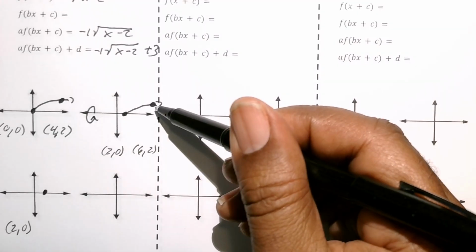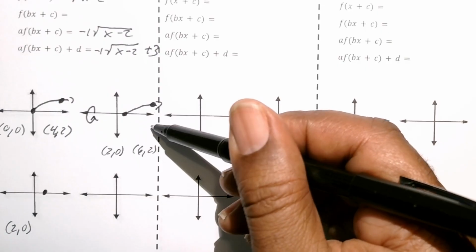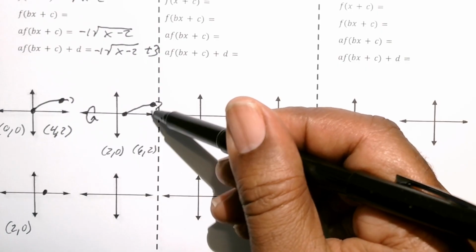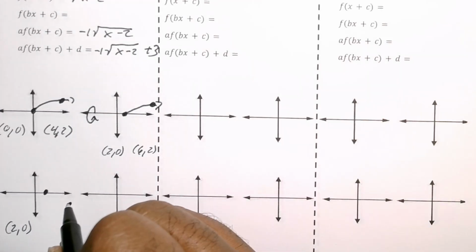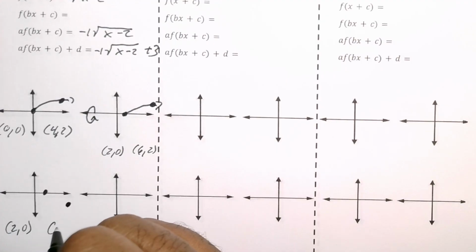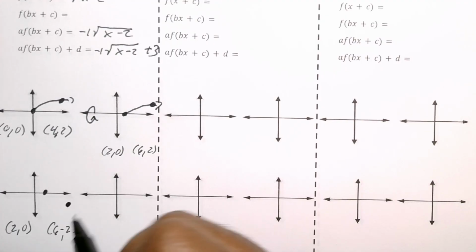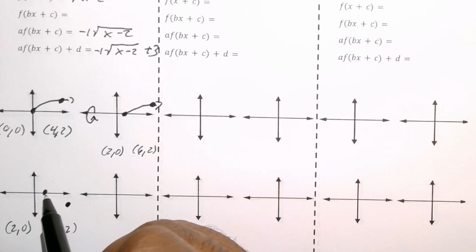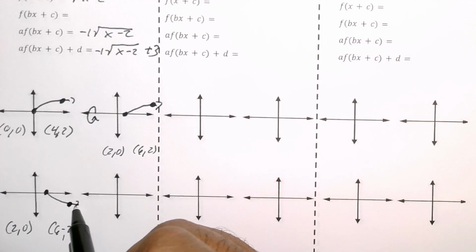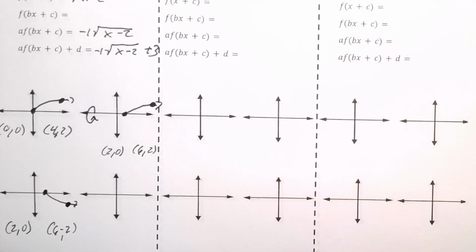But the 6, 2 will go from above to below. So instead of being 2 above, it'll be 2 below, which is 6, negative 2. So I'll put a point right here and call it 6, negative 2. And then the orientation will be the same but on the bottom instead. So here's the orientation, and we're done.